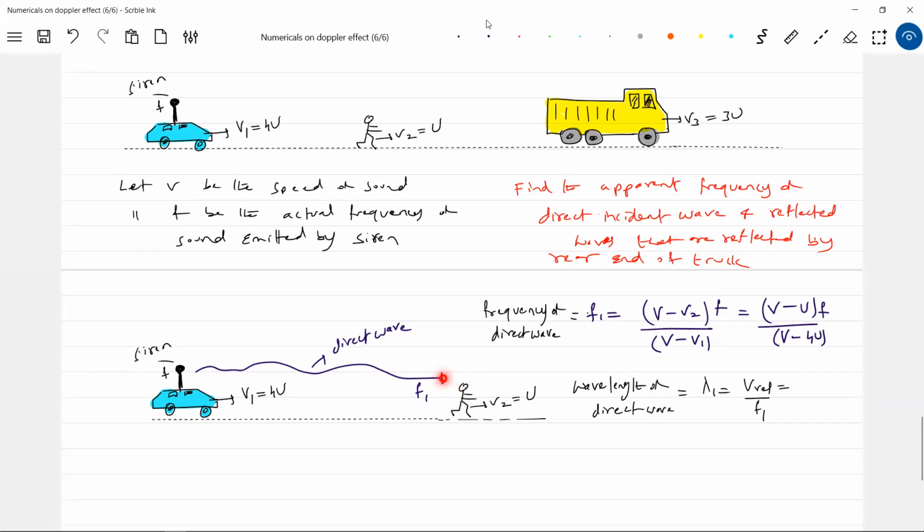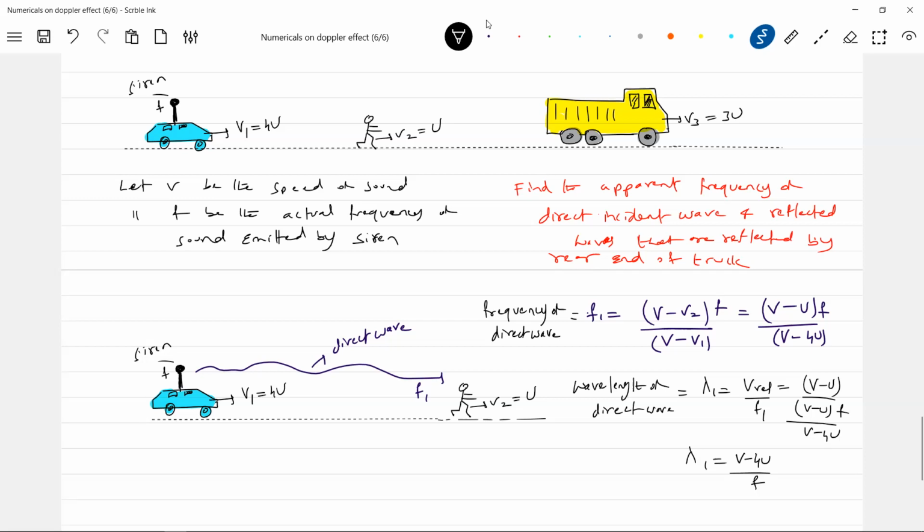The wave is moving towards one side and the person is moving towards the same side. What is the relative motion? V minus u. This is the wavelength of the direct wave.